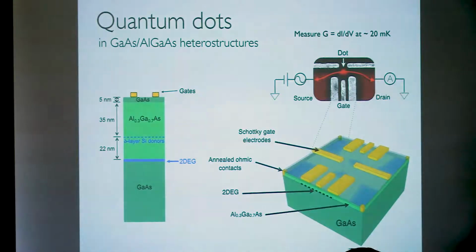When you apply voltages to these gate electrodes, you can selectively deplete a 2D electron system, hosted at the interface between the aluminum gallium arsenide and the gallium arsenide. In so doing, you can carve out regions that are isolated apart from some tunnel couplings to their own reservoirs, and these are our quantum dots. These can host anywhere from 0 to tens or in some cases hundreds of electrons, depending on the size of the quantum dot and so on.